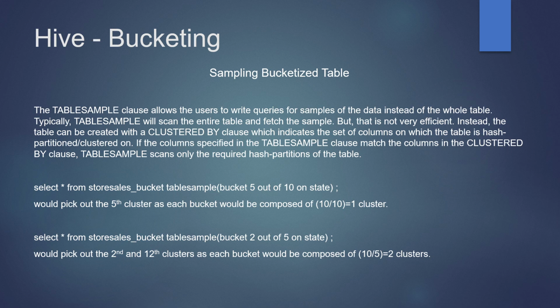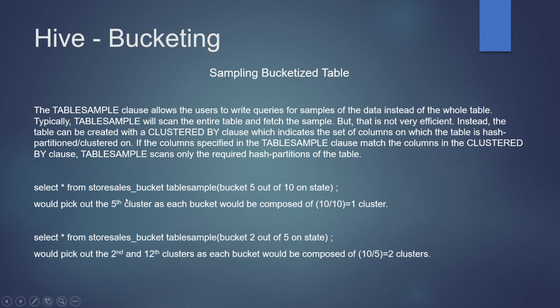Here we are executing a query on the bucket table store_sales_bucket with a table sample of bucket 5 out of 10 on the column state. State is the column which we have bucketed.